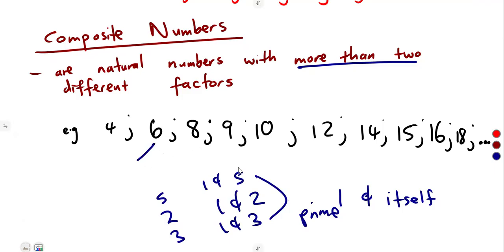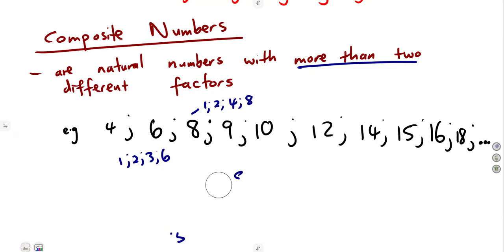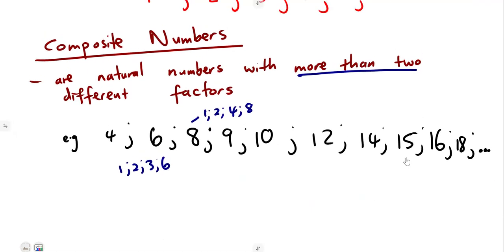If you consider 6, 1 is a factor, 2 is a factor, 3 is a factor, 6, more than 2. If you consider 8, 1 is a factor, 2 is a factor, 4 is a factor, 8 is a factor, more than 2. So those are referred to as what? Composite numbers.